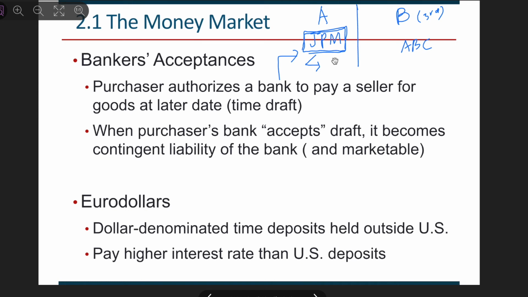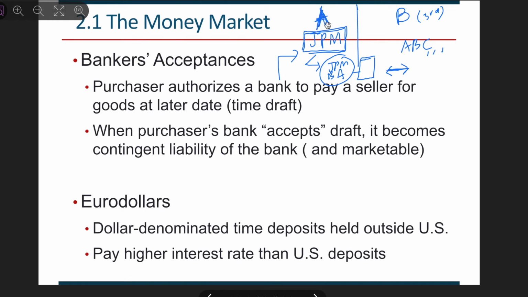So if you have some money in JP Morgan, I believe you. So if JP Morgan issues a banker's acceptance that you have money inside your account in ABC, then the transaction is made, a deal.